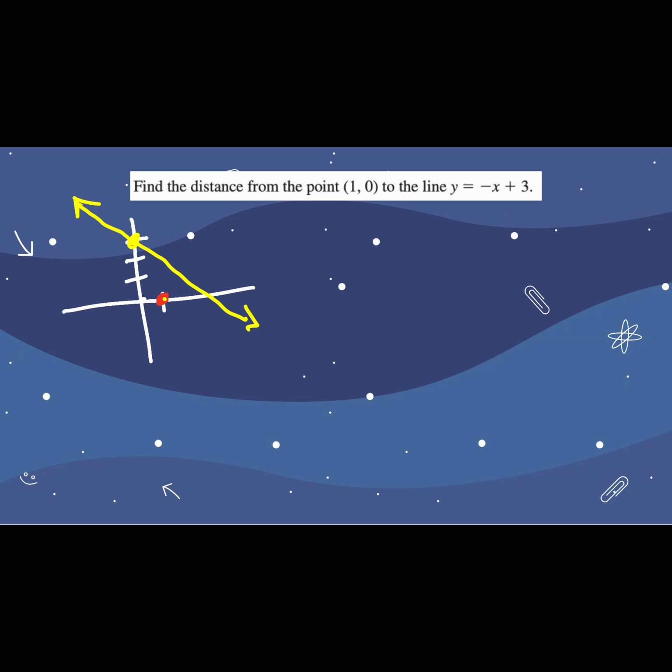This should be the right direction. So in this case, if they want us to find the distance, the easiest way to do that is just to write what the equation is for our perpendicular line. Because the line that's going to go through here at the best angle and the quickest is going to be one that's perpendicular.